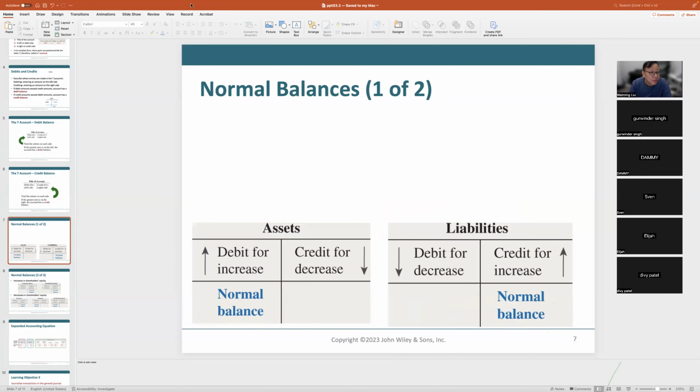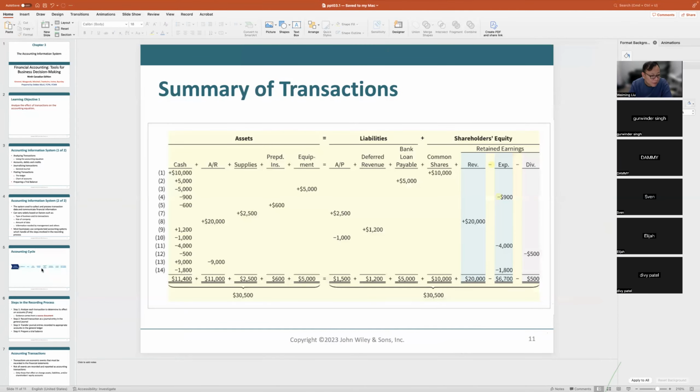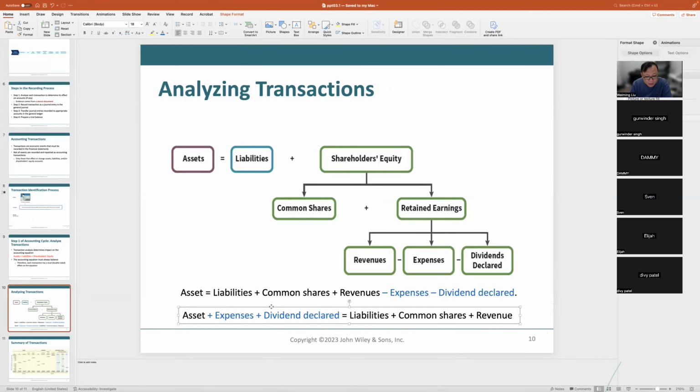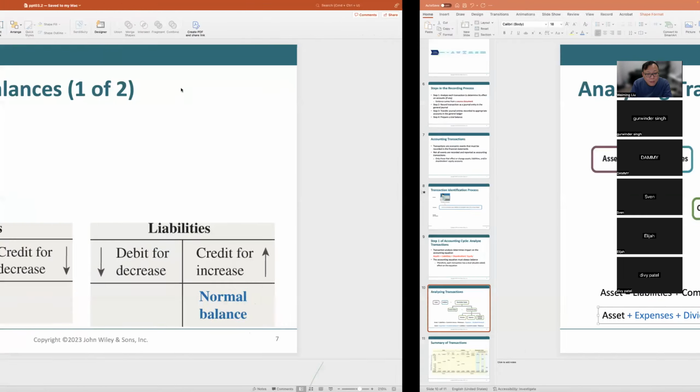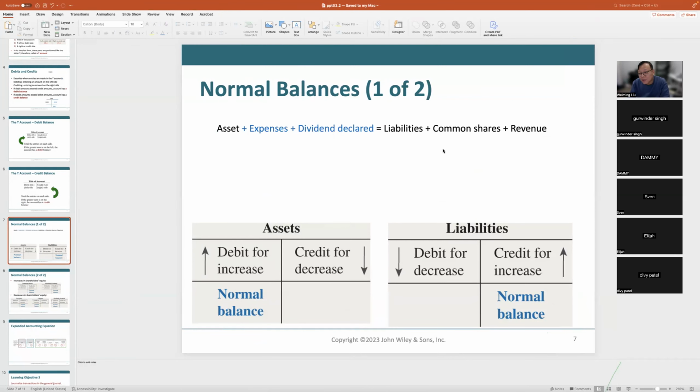I'm going to go back to the previous one, and I'm going to pull this equation. This equation I just derived. This is my equation. We worked together and we know this equation, right?